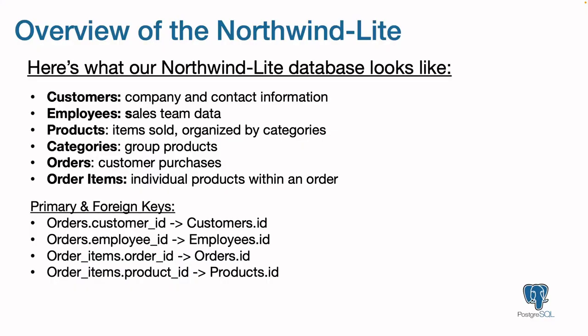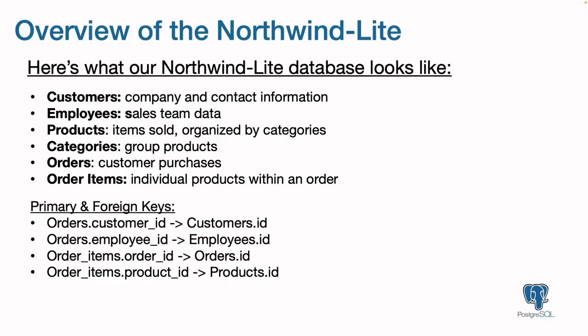Now let's take a quick tour of the Northwind-Lite database. This is the schema we'll be working with throughout the series. At the center, we have customers, which stores company details and contact information for the business placing orders. Employees represents the sales team who handles each order and how sales activity is distributed. Products contain the items being sold, including pricing and availability.